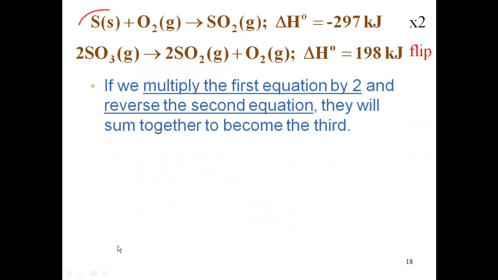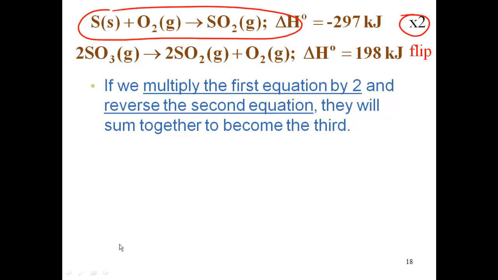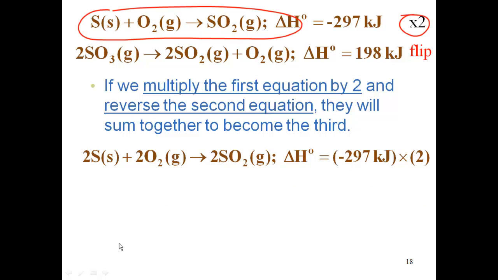So the first equation, we said that we're going to multiply by 2, so let's do that. So I got 2 sulfur solids plus 2 oxygens gives me 2 sulfur dioxides. And since I multiply everything by 2, that means I'm going to have to multiply my delta H by 2 as well. Then we said that we're going to take the second equation and flip it.